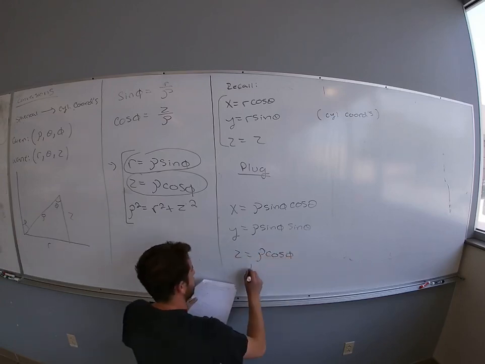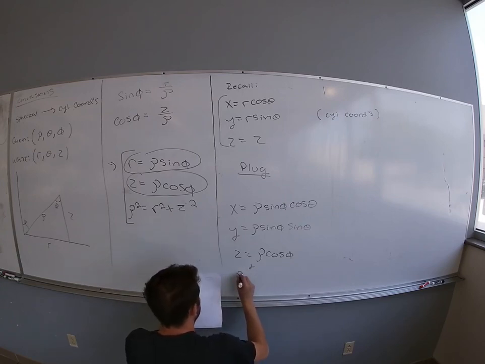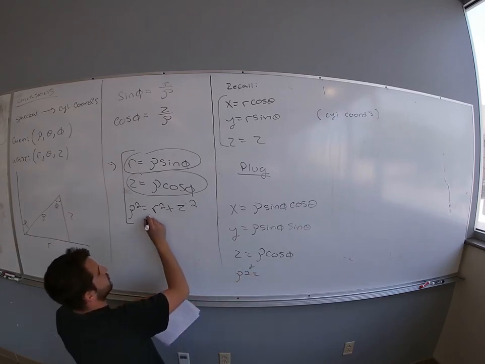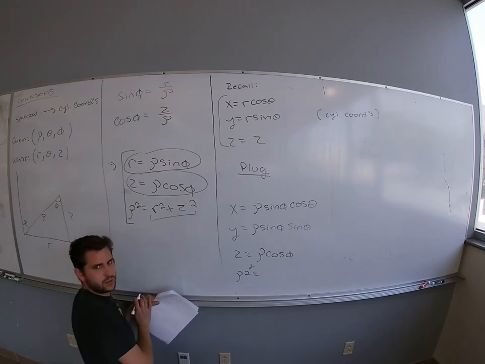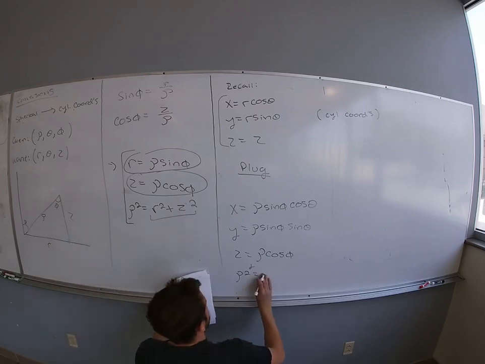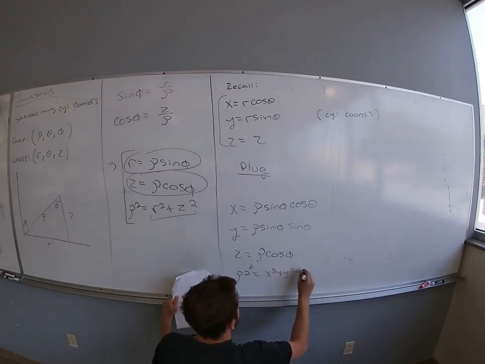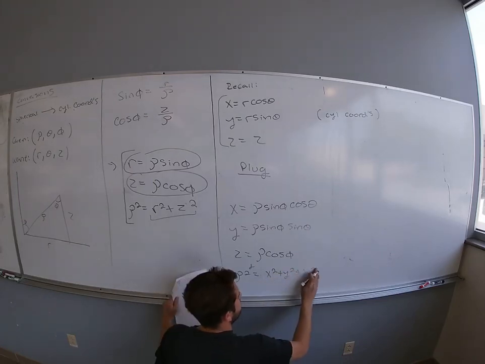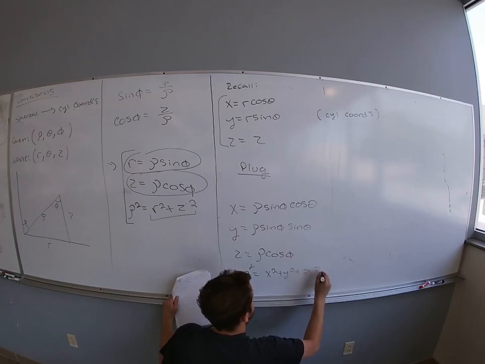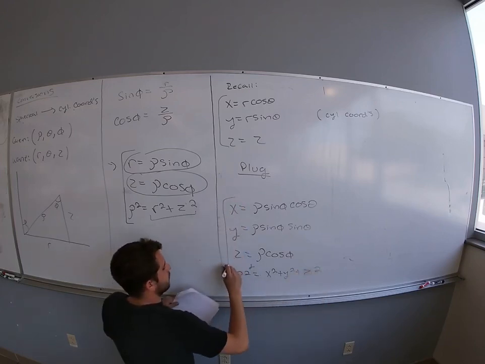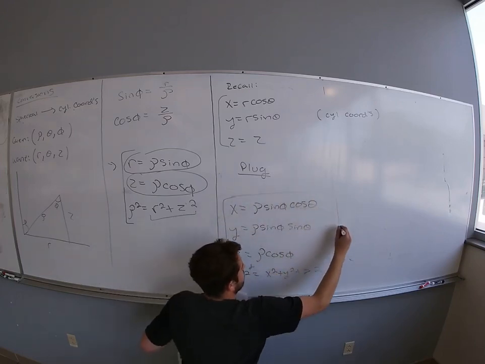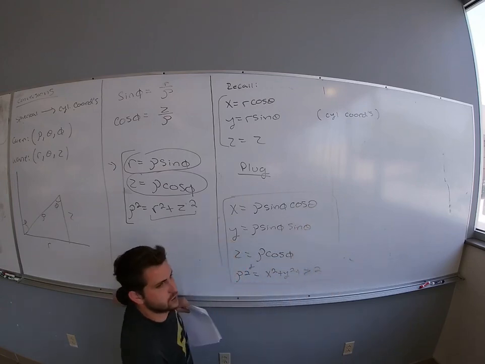And finally, I can say that rho squared equals r squared plus z squared, but x squared plus y squared equals r squared, so rho squared equals x squared plus y squared plus z squared. So this is what I have in Cartesian coordinates, okay?